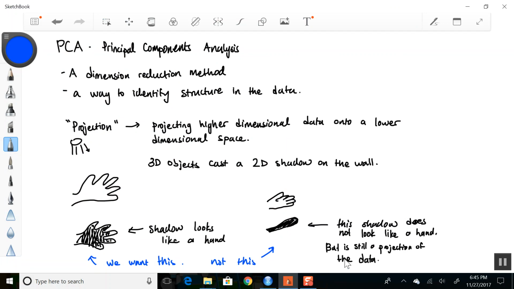Okay, and so one way to think of this is we want to create a projection that will maximize the variance after we project the data.